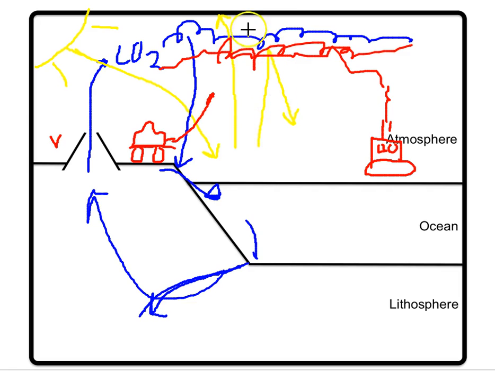But what starts to happen then, back to our sun, is that as CO2 levels go up, more of that heat from the sun stays in the atmosphere. So you hear the term global warming. As CO2 levels go up, temperature goes up.